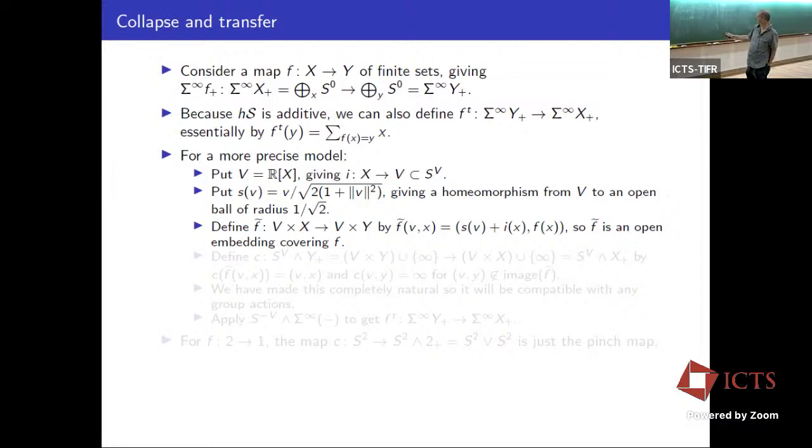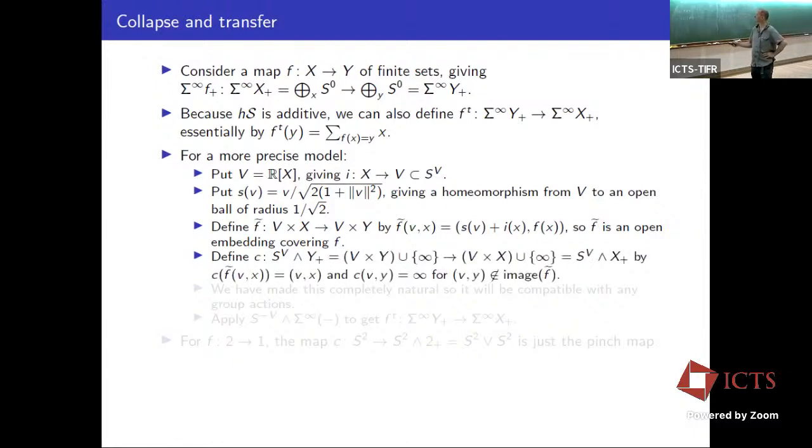Because s gives me a ball of radius 1 over root 2, and these i(x)'s are independent orthogonal basis elements, the ball of radius 1 over root 2 around i(x) is disjoint from the ball around i(x′) when x′ is different from x. So you can see that this map F tilde is actually injective, so an open embedding from V × X to V × Y, which covers f in the obvious sense.